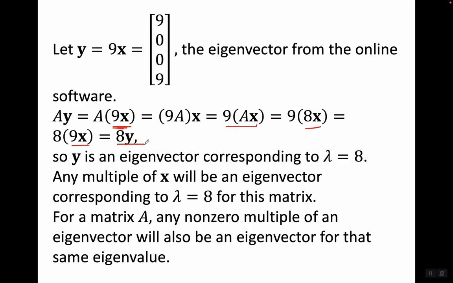So that just equals 8y. Notice this. Ay equals 8y. So y is an eigenvector corresponding to lambda equals 8. Any multiple of x will be an eigenvector corresponding to lambda equals 8 for this matrix. For matrix A, any non-zero multiple of an eigenvector will also be an eigenvector for that same eigenvalue.